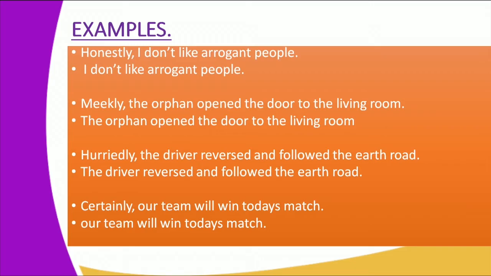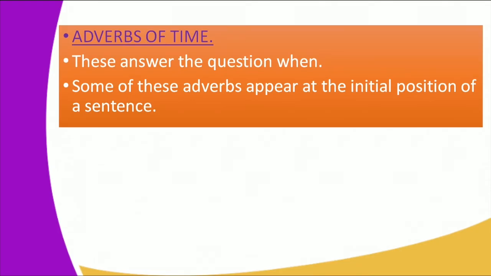So let us look at adverbs of time. These are among the adverbs that occur at the front position of a sentence. Remember, we are talking about adverbs that occupy the front position of sentences, since the topic is on position of adverbs.